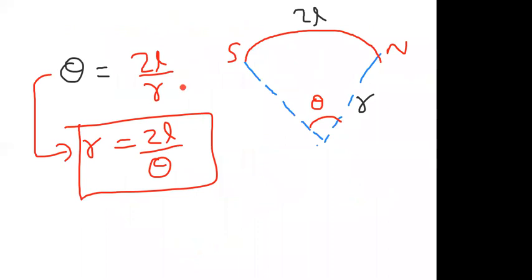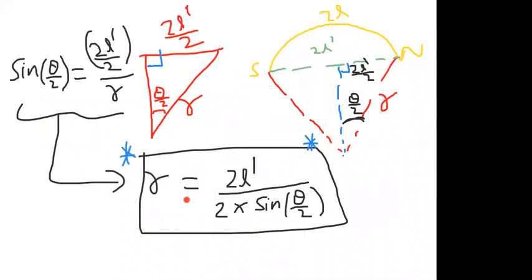Theta is arc length by radius, so I got the r value here. Next I took the distance from South Pole to North Pole, 2L dash, so half of it is 2L dash by 2. I drew a perpendicular, the bisector. The total angle is theta, so this is theta by 2, and this is r.